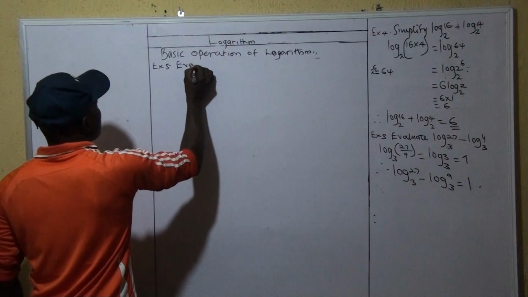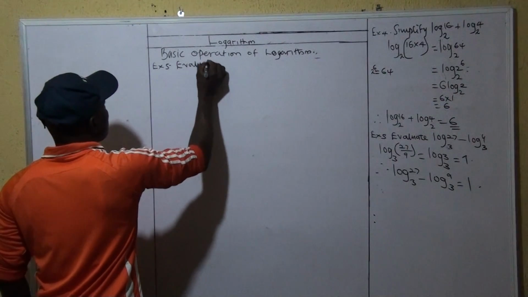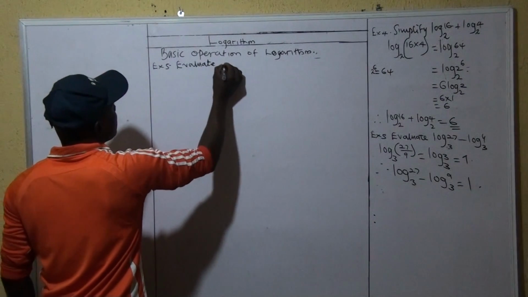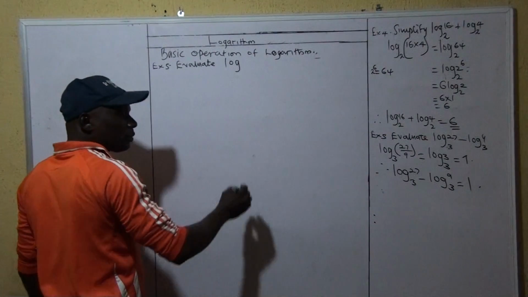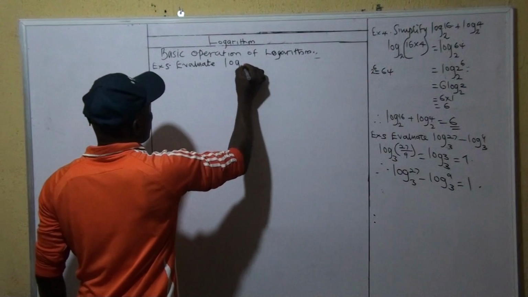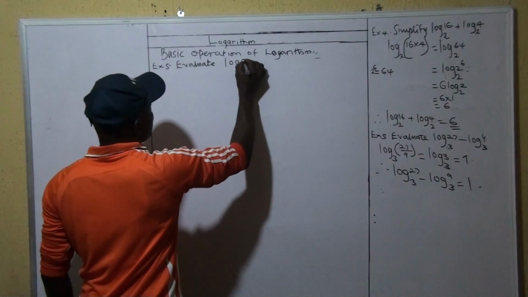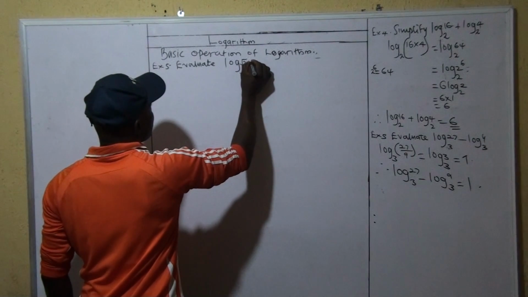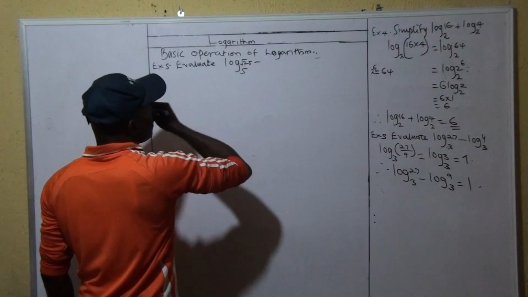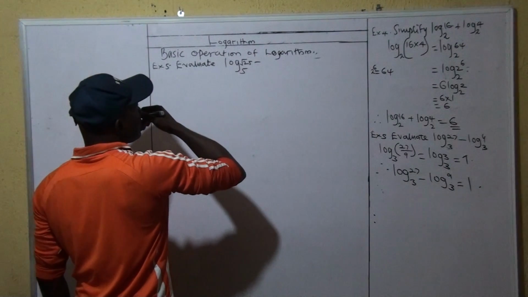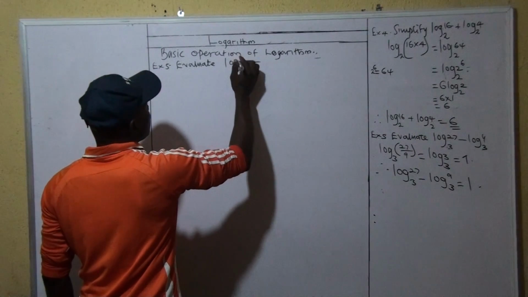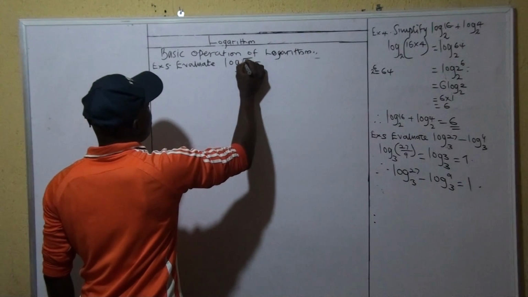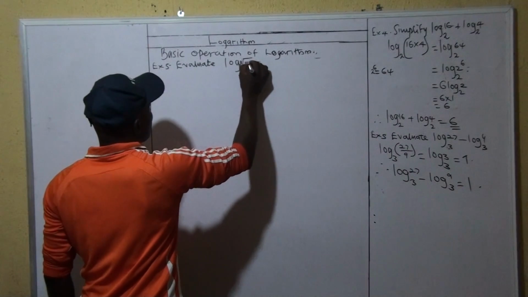Evaluate log base 5 of 25 minus the cube root of 125.